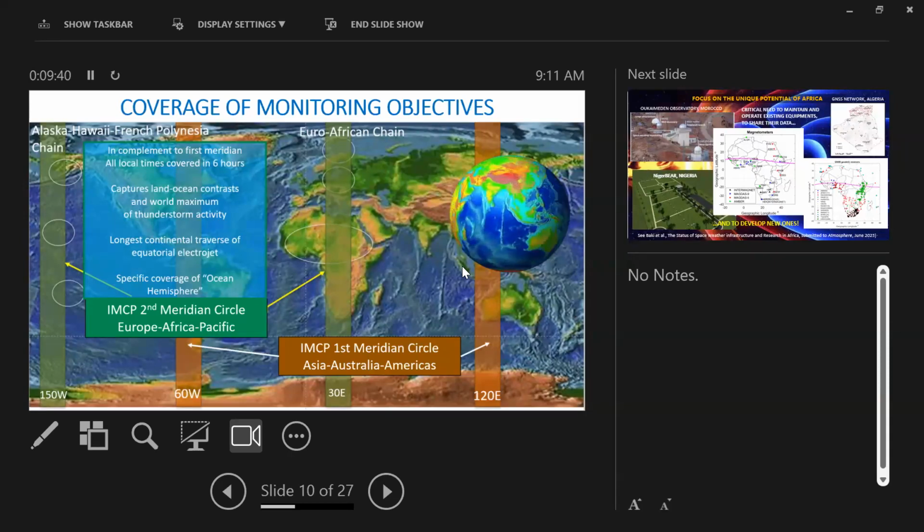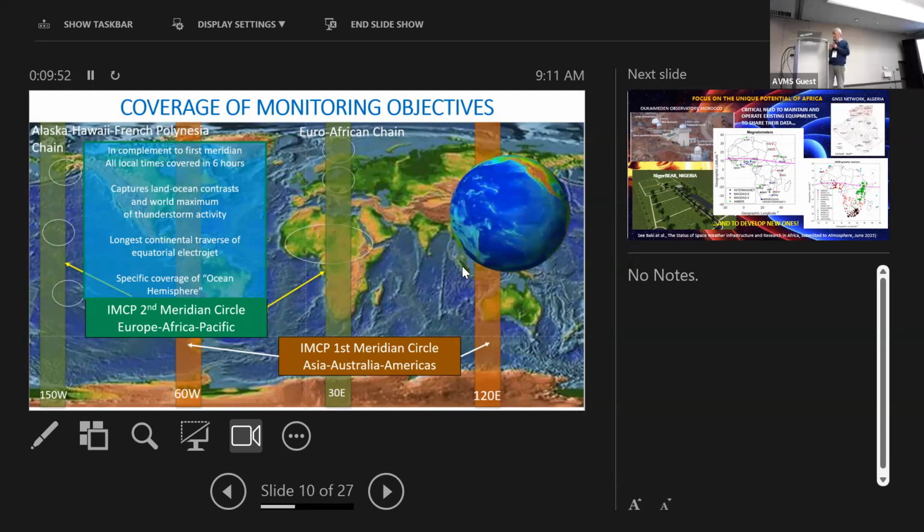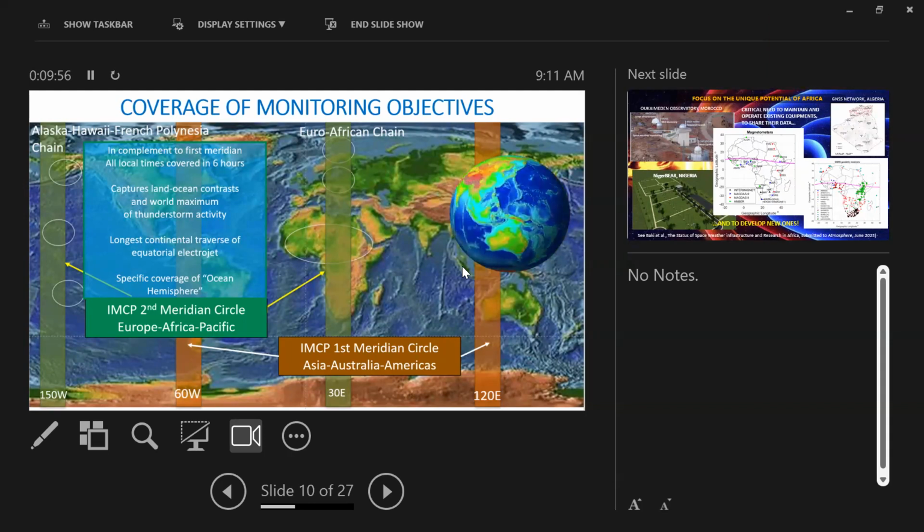It will go through the maximum region of thunderstorm activity in Africa. It will offer the longest continental traverse of the equatorial electrojet, that's in Africa. And finally, it will give a specific coverage of the ocean hemisphere of the Earth. So that's the whole idea of what we want to deploy.